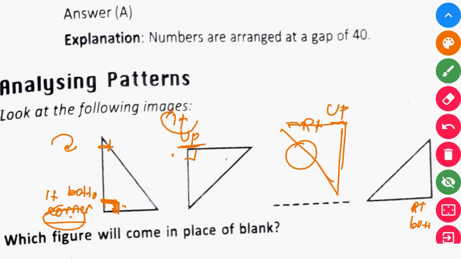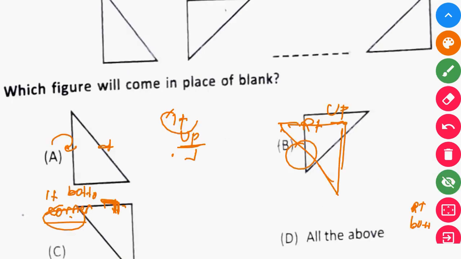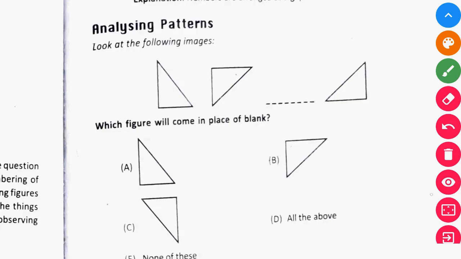So the correct figure will be like this. You can see which option is showing such a pattern. Option C shows the right angle at the right upside. So the answer is C, because this right angle triangle is moving clockwise: left bottom, then left top, then right top, then right bottom.